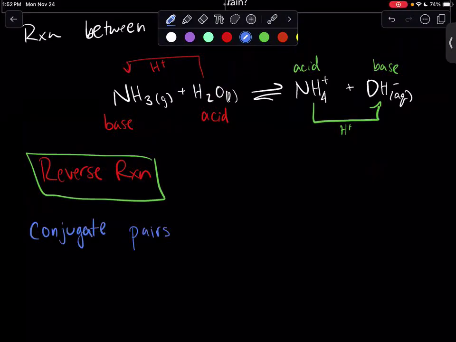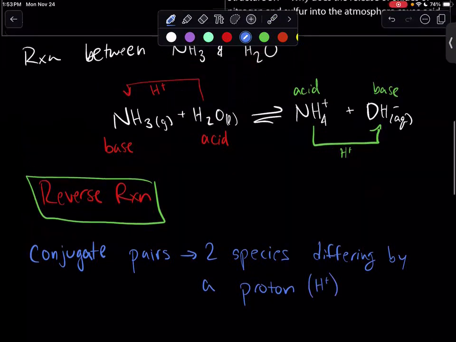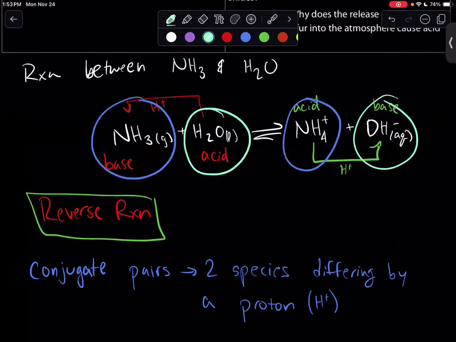Conjugate pairs were what we described as two species differing by a proton. That was the definition, which remember, that's an H plus, a hydrogen ion. So we have one pair, ammonia and ammonium, and we have our second pair, water and hydroxide.